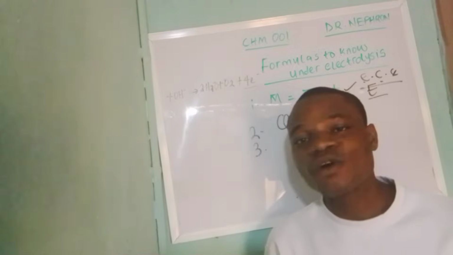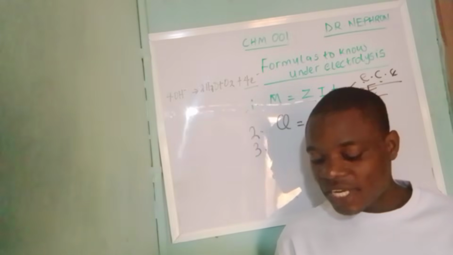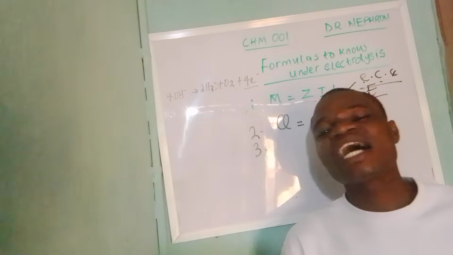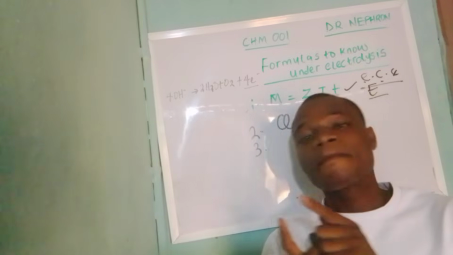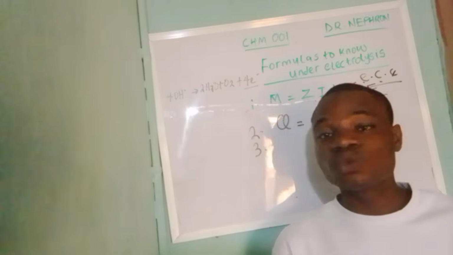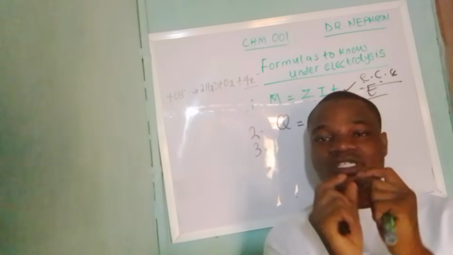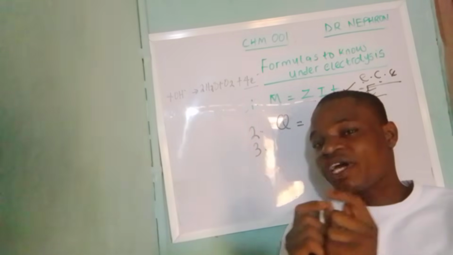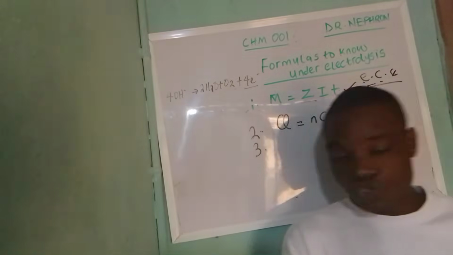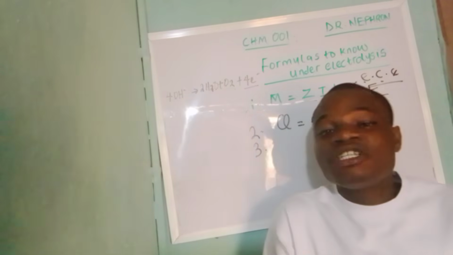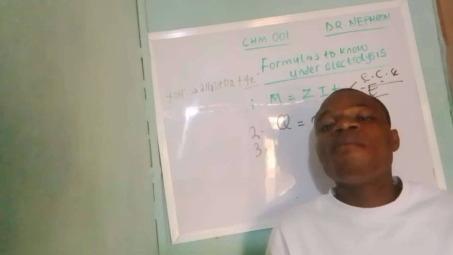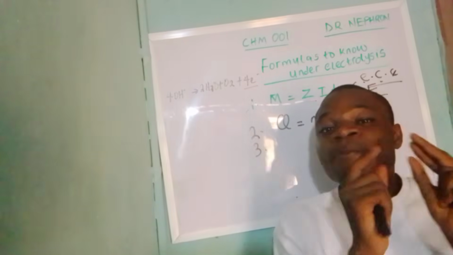Now this number 3 is actually from the Faraday second law of electrolysis. The Faraday second law of electrolysis states that if the same current passes through different electrolytes, the number of moles of the element discharged during the process is inversely proportional to the charge carried by the element.